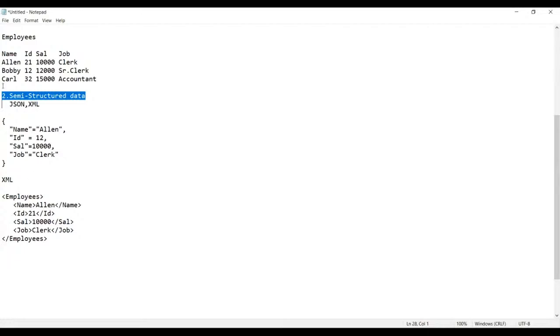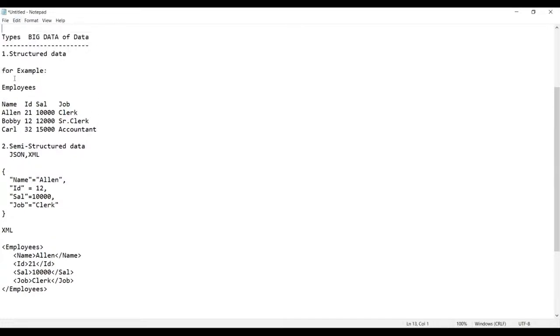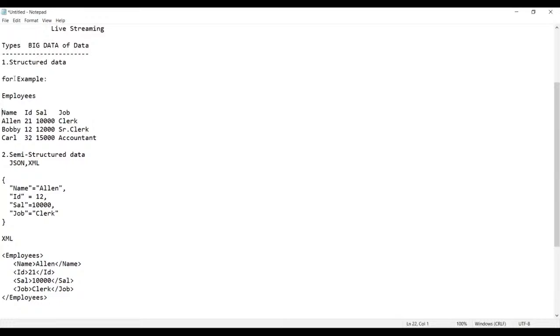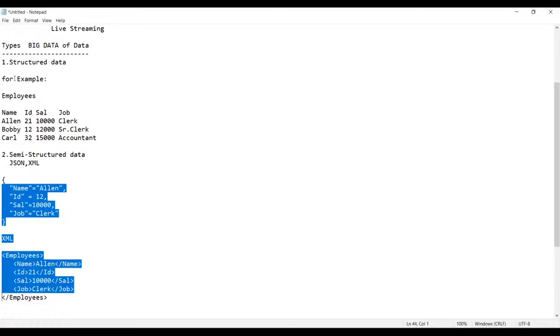So these are the two formats: extensible markup language and JSON format. Now we have already covered semi-structured data and structured data. Structured data is where the data is recorded in proper rows and columns. And here you have semi-structured data.